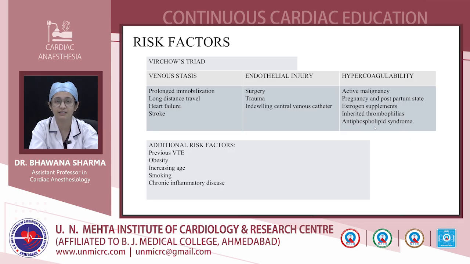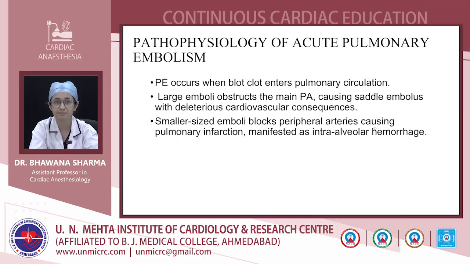Endothelial injury could be from surgery, trauma, indwelling central venous catheter, etc. The conditions leading to hypercoagulability could be active malignancy, pregnancy and postpartum state, estrogen supplements, inherited thrombophilias, or antiphospholipid syndrome. There are also additional risk factors: history of previous venous thromboembolism, obesity, increasing age, smoking, and chronic inflammatory diseases.